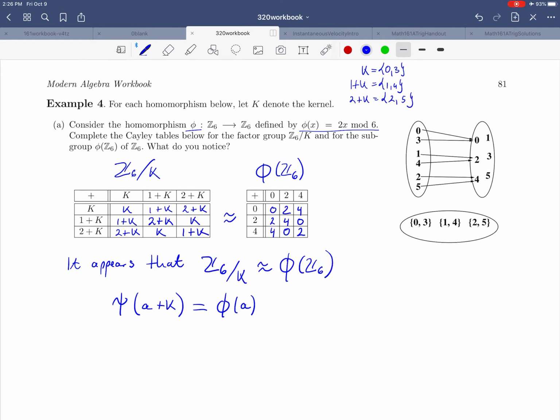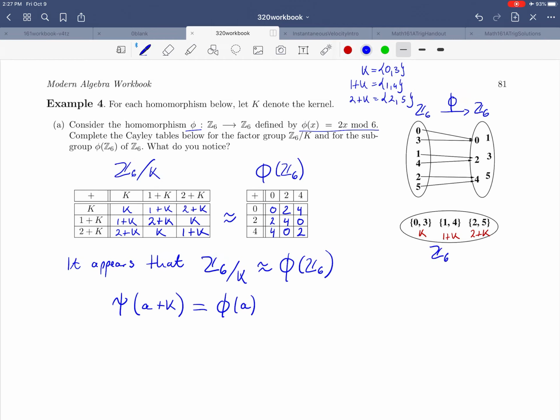We can visualize this in a diagram over here on the right. Over here we have Z6 and Z6, and we have our homomorphism phi visualized the way we've already seen it before. But then in addition, we have our factor group at the bottom right here. So we have K, 1 plus K, and 2 plus K. Our three cosets are the elements in that factor group.